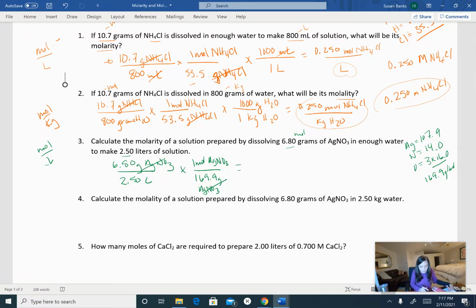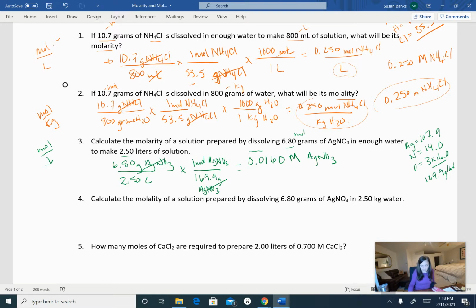So when I do this, I get 6.8 divided by 2.5 and divided by 169.9. My calculator spits out 0.0160. Now these 2 zeros at the front are just kind of placeholders. And this would be big capital M because we're doing molarity silver nitrate, okay, for the 3 digits.